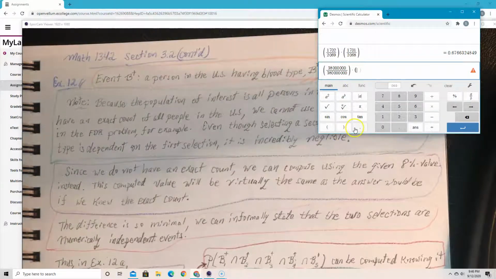Now keep the first person out, and so now you only have in the denominator 379,999,999. And in the numerator you'd have one less, 37,999,999.